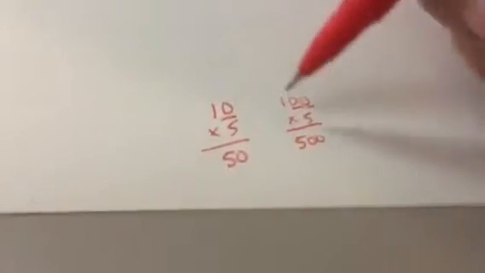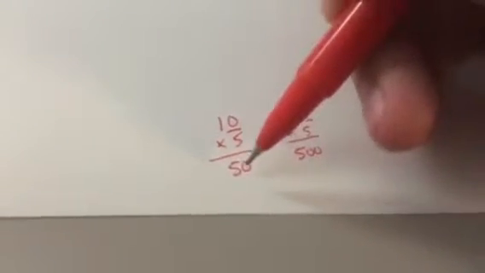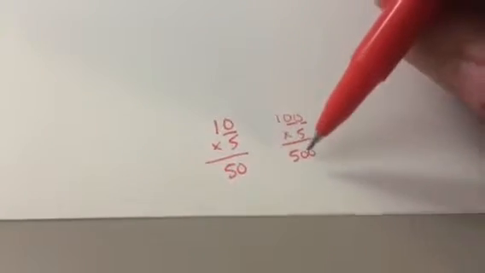For example, 10 times 5 equals 50. 100 times 5 equals 500. Because this one had only 1 zero, I get 1 zero. Because this one has 2 zeros, I get 2 zeros. So here, I'm only going to get 1 zero because I'm barely canceling out the 4.